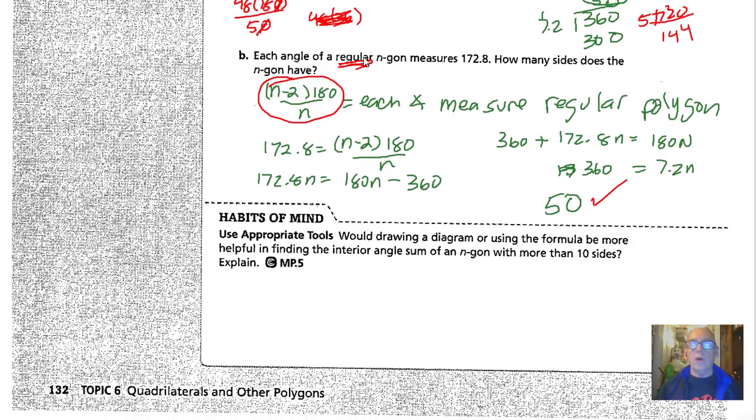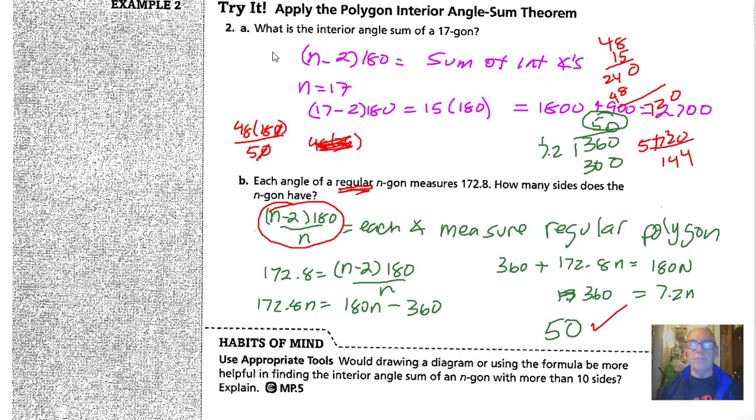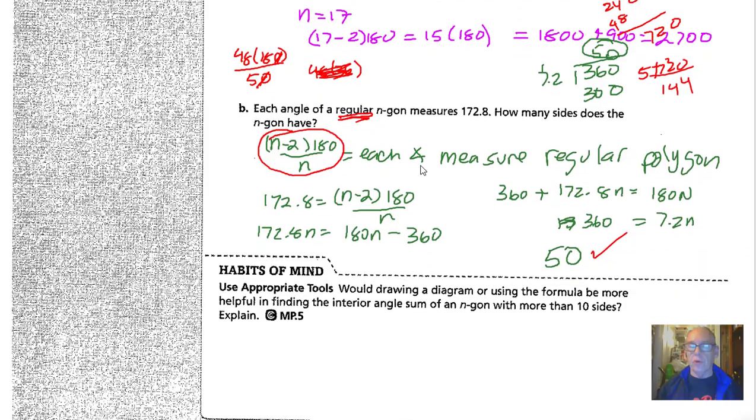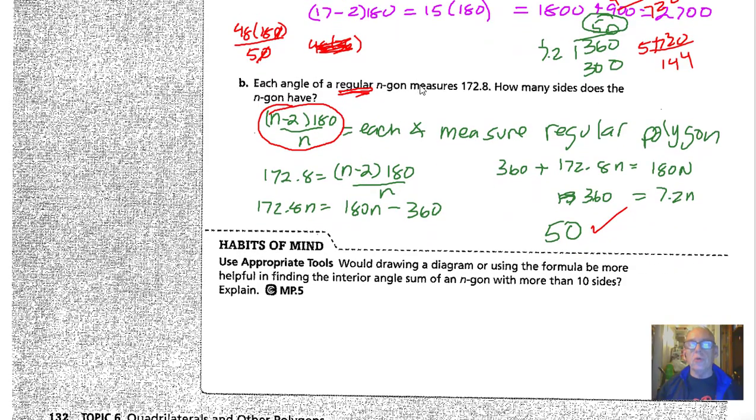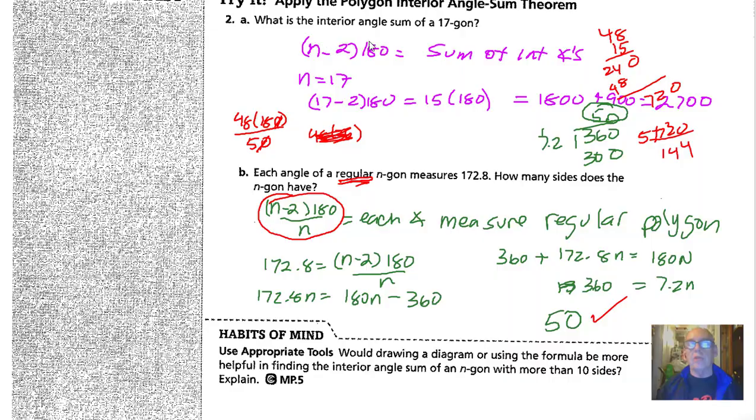For part B, we're talking about a regular polygon. Now, in a regular polygon, all the sides are congruent and all the interior angles are congruent. So if we were to think about this 17-gon here, there would actually be 17 congruent angles that would have to make up this 2700 degrees.